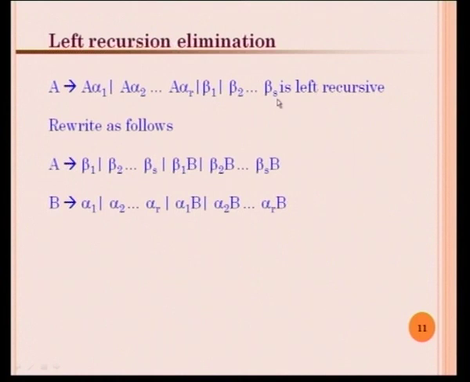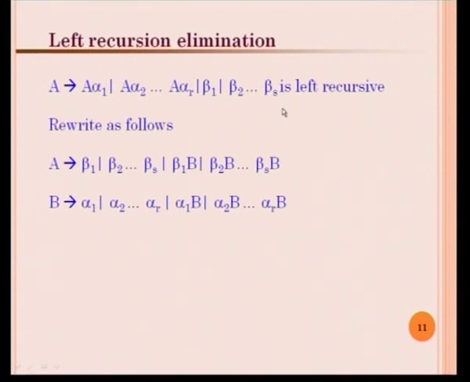up to beta s. Given the production rules of this form, the main drawback with left recursive production rules is this: when you are constructing a parse tree for the given sentence with a top down parser, we start from the root and expand. Every time we try to expand the leftmost child of the parse tree.